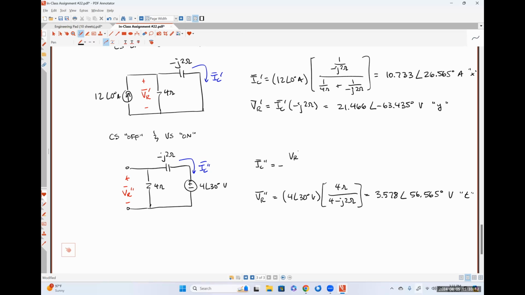So negative VR double prime over 4 ohms. And that looks like 0.894 with an angle of negative 123.435 degrees amps, and I'm storing that as Z.